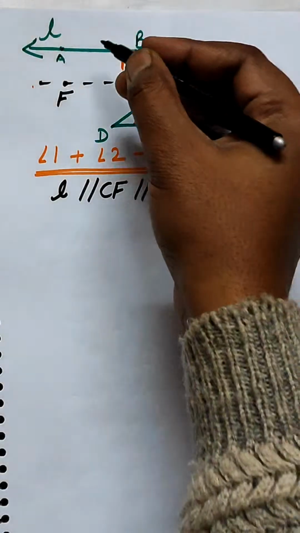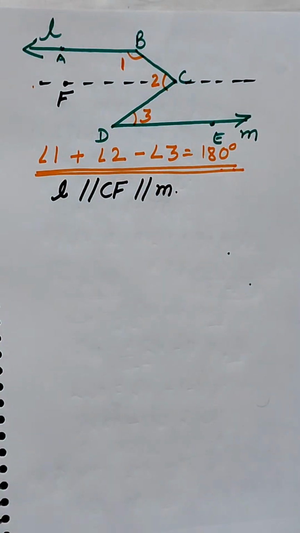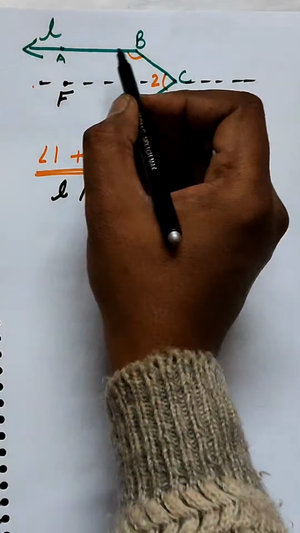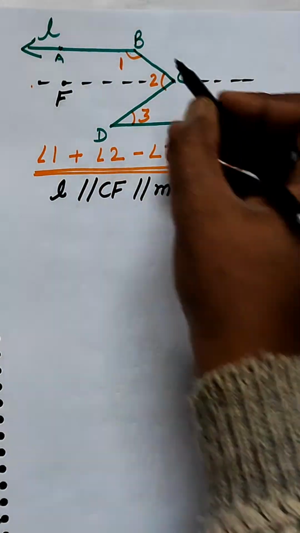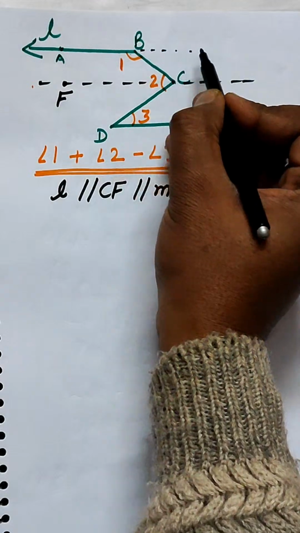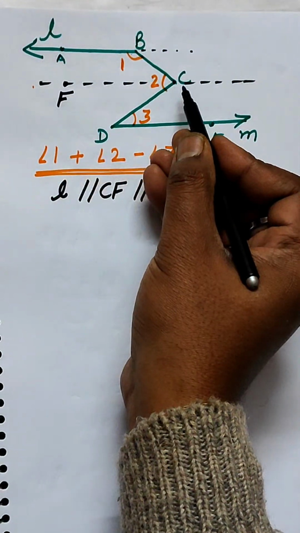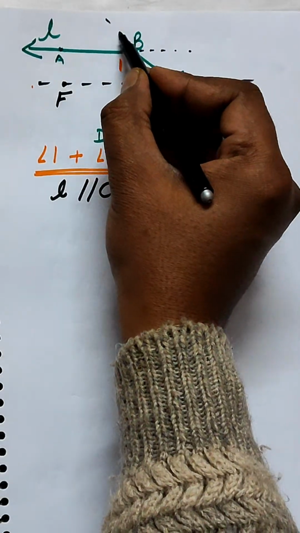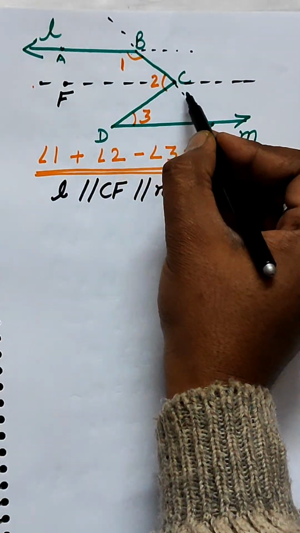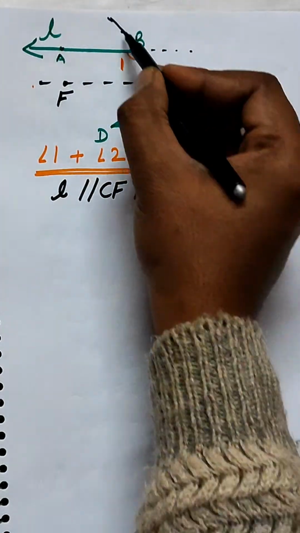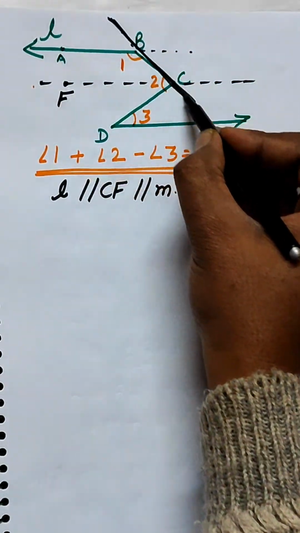If L, that is AB, and FC are both parallel, then BC will be acting as a transversal, isn't it? You can see this will be acting as a transversal.